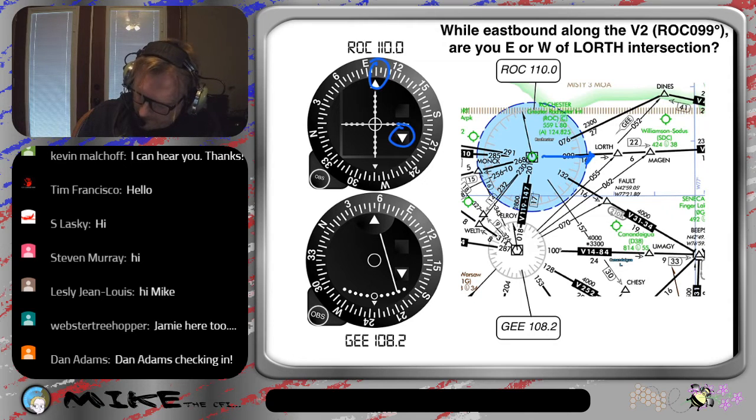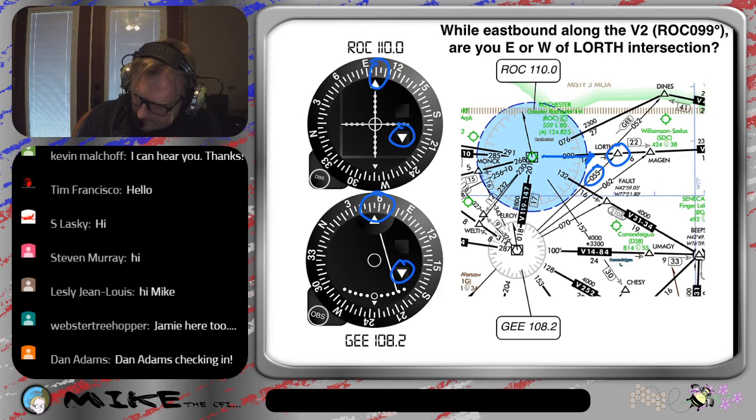Second one here, we want to know where we are relative to Lorth intersection, which is right here, referenced by the Geneseo 055 radial. Here we can see that we have 055 tuned in to help us reference that. We have a from indication, and we have a right needle deflection.